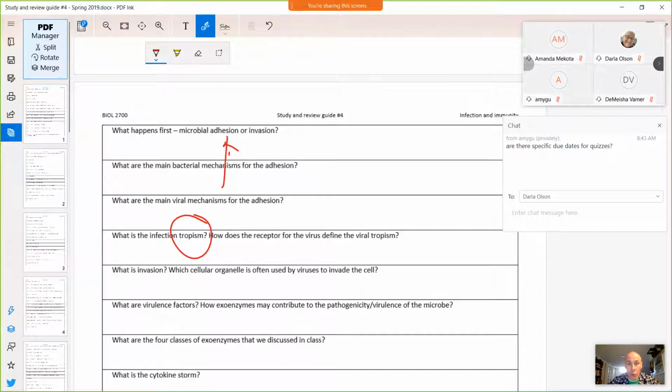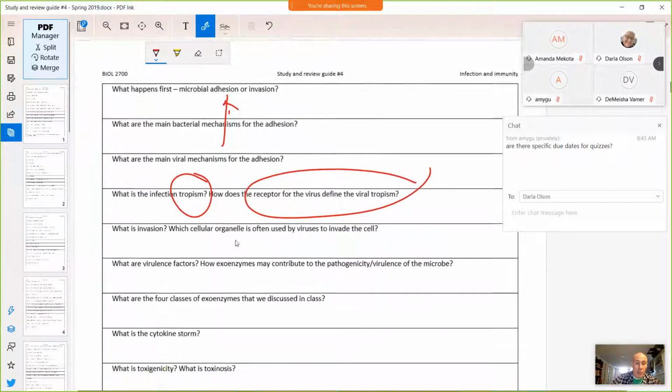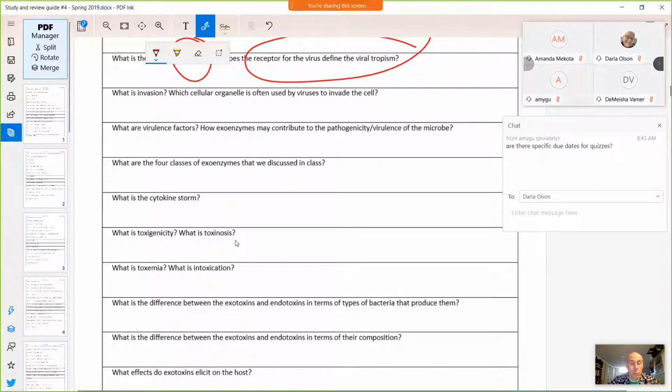So neurotropic infections happen in the nervous system, hepatotropic in the liver. So receptor for the virus. If the receptor for a particular virus is found on the cells of the liver, this virus will infect liver, basically. That's the idea. Hepatitis C is an example. Invasion, getting into the tissue or into the cell, depends on the microorganism.